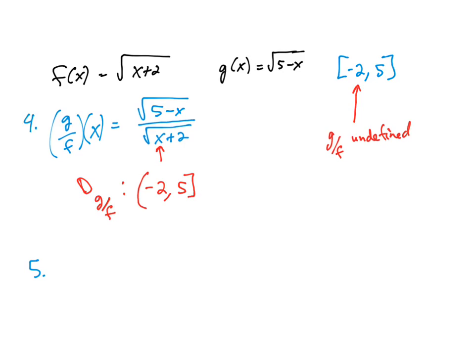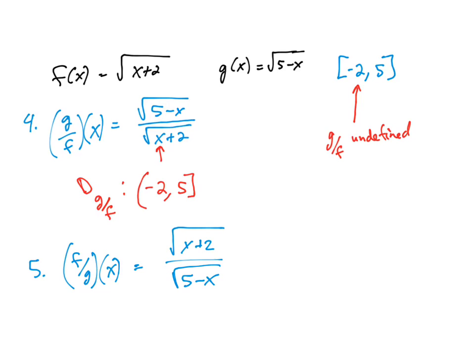And then lastly, f divided by g of x. So similar idea, we're going to say square root x plus 2 divided by square root 5 minus x. Again, we saw that this domain of each of these individual functions was -2 to 5.